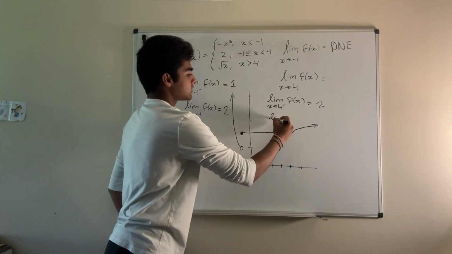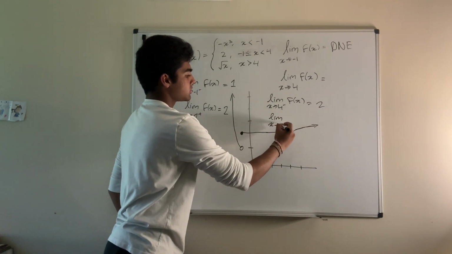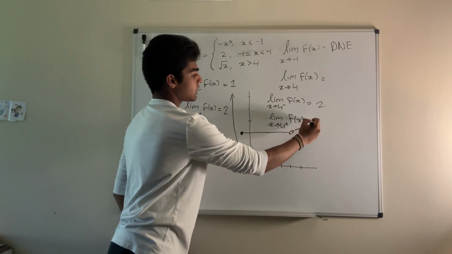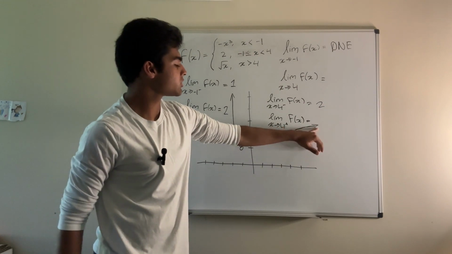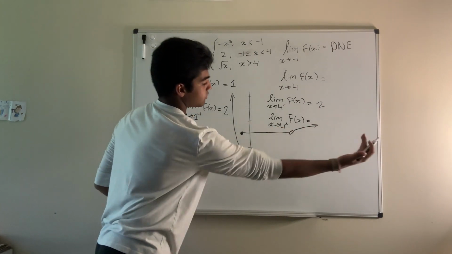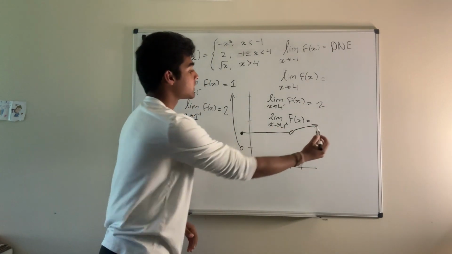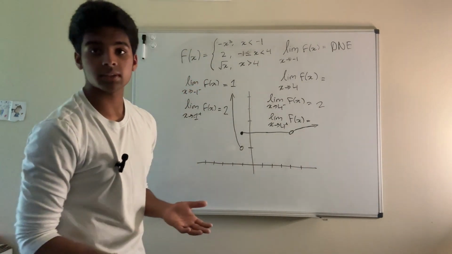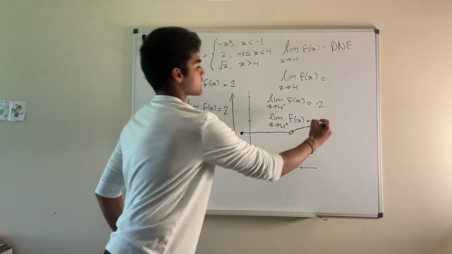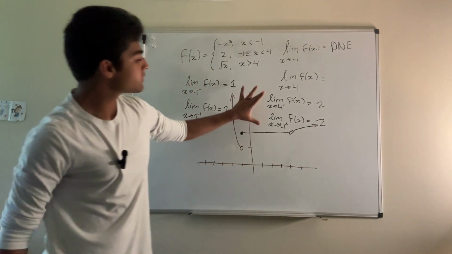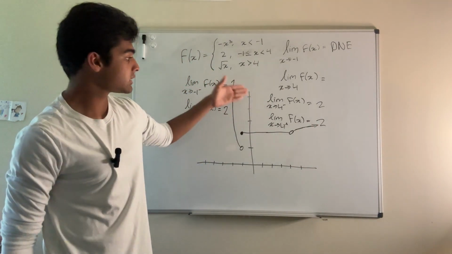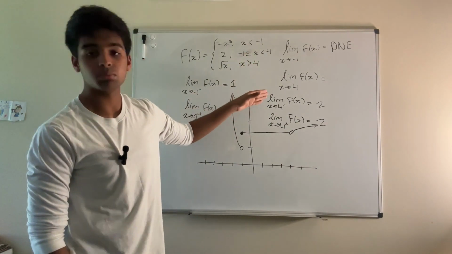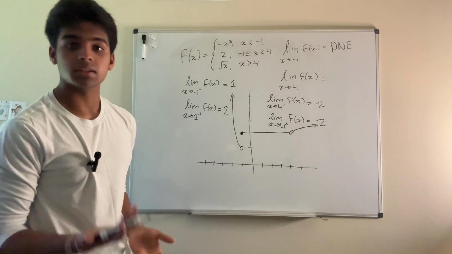And for the limit as x approaches 4 from the positive side of f of x, now we're going to look at the square root function right here, because it's coming from the right, or from the positive side. So we look at this function, and this also seems to be approaching the same y value, 2. So because both of these values are equal, and since they approach the same y value, we can say that the limit as x approaches 4 of f of x is 2.